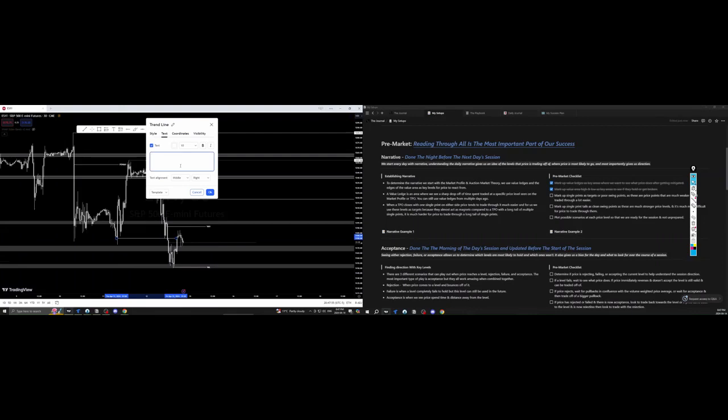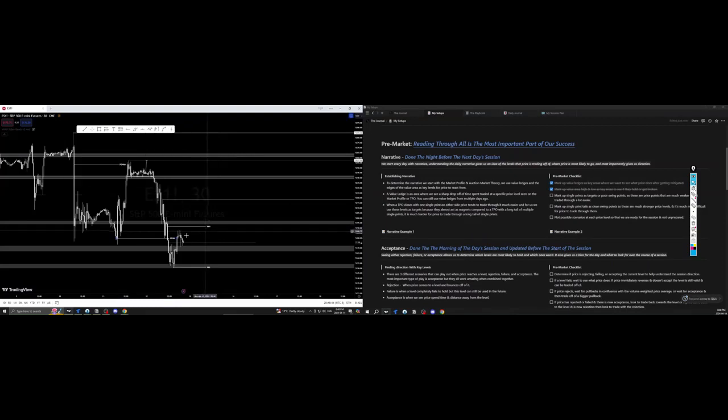And this is what PDVAL or VAH stands for, whichever one you're using. PD stands for previous day, VAL, value area low. So that's pretty simple to understand.